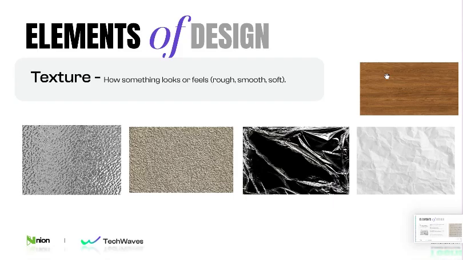And graphic design uses this to depict textures. Now obviously this is not a natural glass, it's an image of a glass. But graphic designers use this to make it look so you can feel even though you are not touching it, you can actually feel the texture.